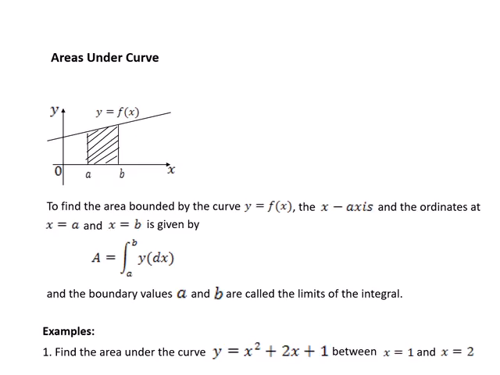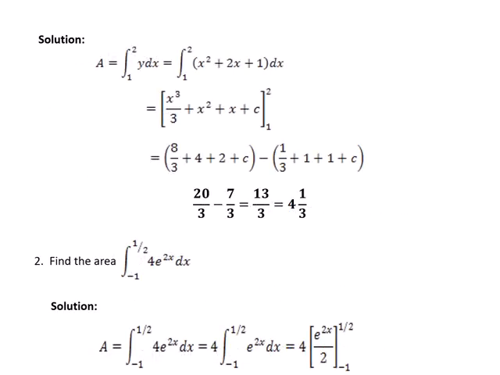We now substitute into the formula: A equal to the integral of y dx, with the boundary value from 1 to 2, and y is x squared plus 2x plus 1.